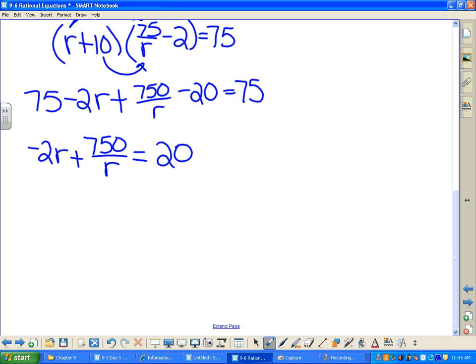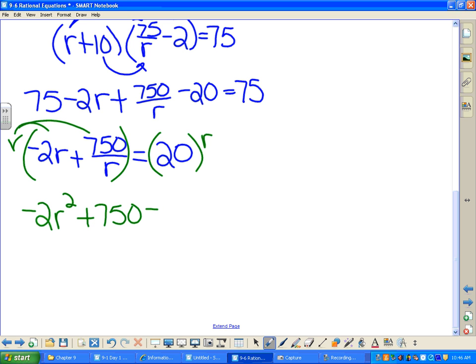Find your LCD, multiply by the LCD on both sides, and you're going to end up with, now we're going to try to solve that.